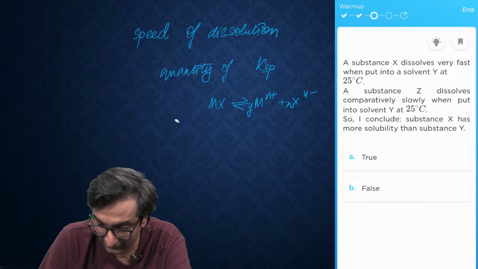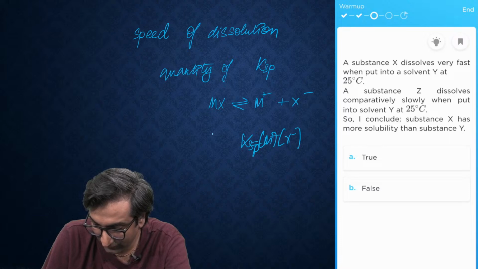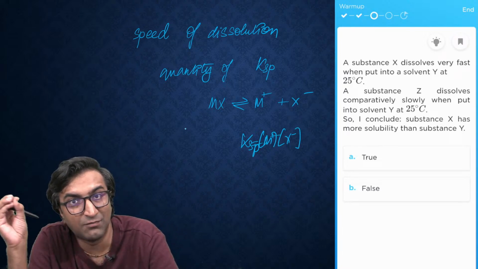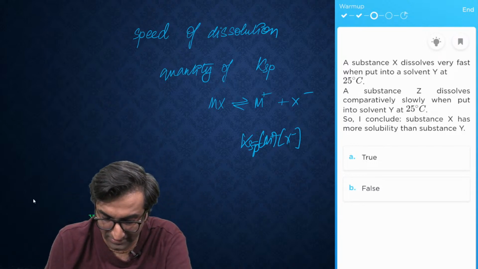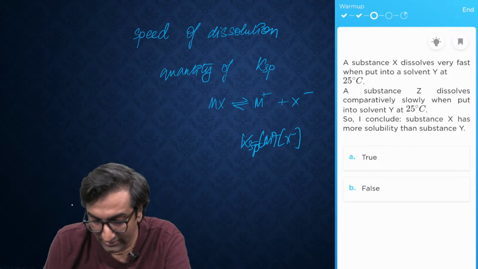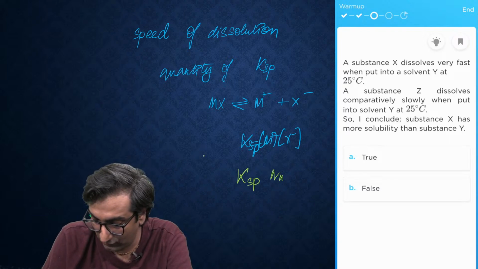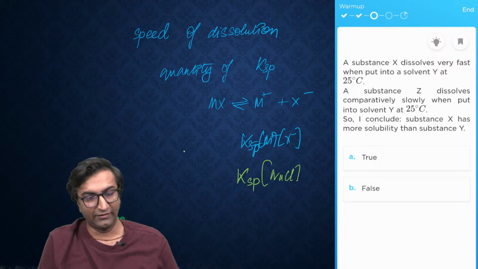Why did I write M and not M^n+? Just take it as one. Let's be happy with life. You can do that yourselves. So Ksp here is simply M times X. And you are used to solubility products being very small, so you may find it weird if I say Ksp can be 10^3 also. It can be very, very high. Like there are questions where I can find the Ksp of, say, NaCl also. It will be a very big value, but it's possible to get this.